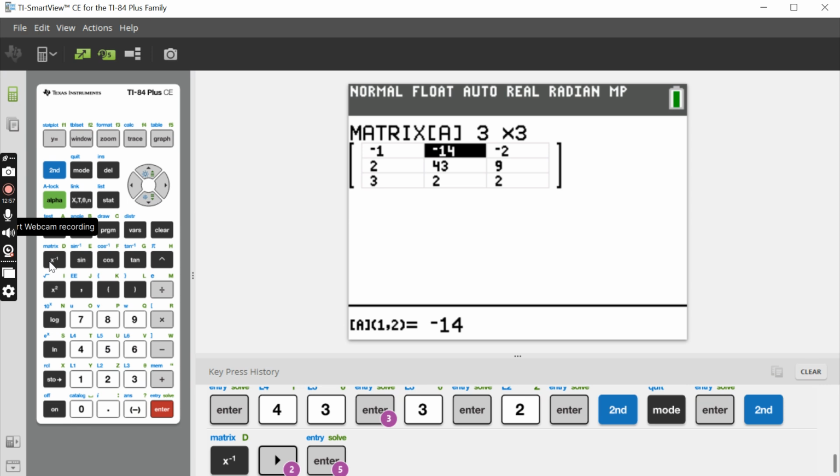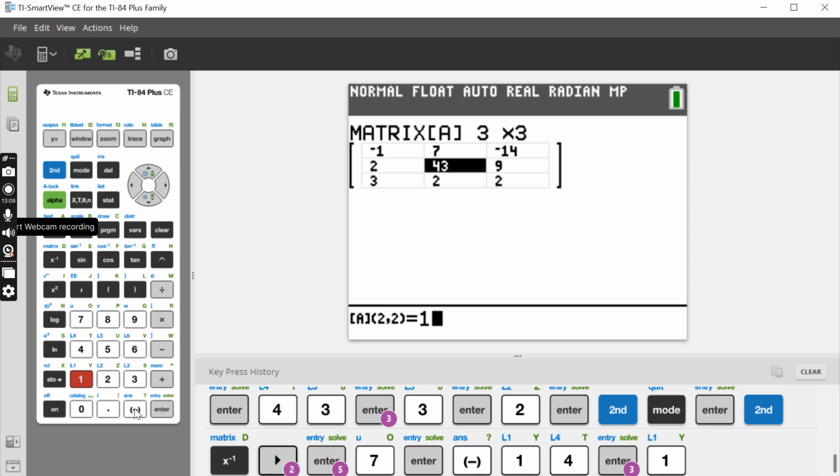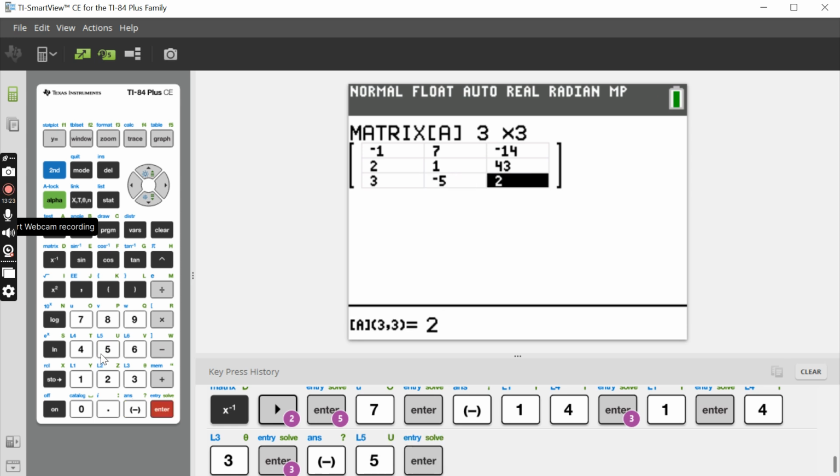Negative 1, 7, negative 14, 2, 1, 43, and 3, negative 5, 2.